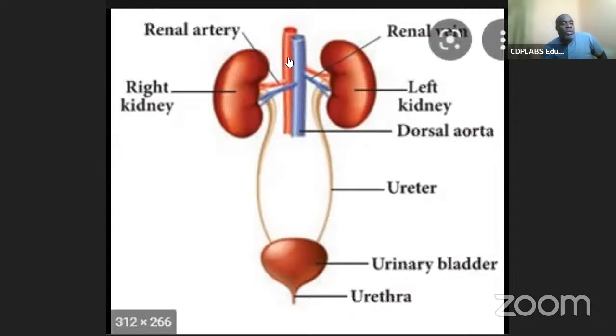All right. So we're going to go inside of the kidney, but before we go any further, look up the function of the urinary bladder and tell me what that does. What's the function of the urinary bladder?